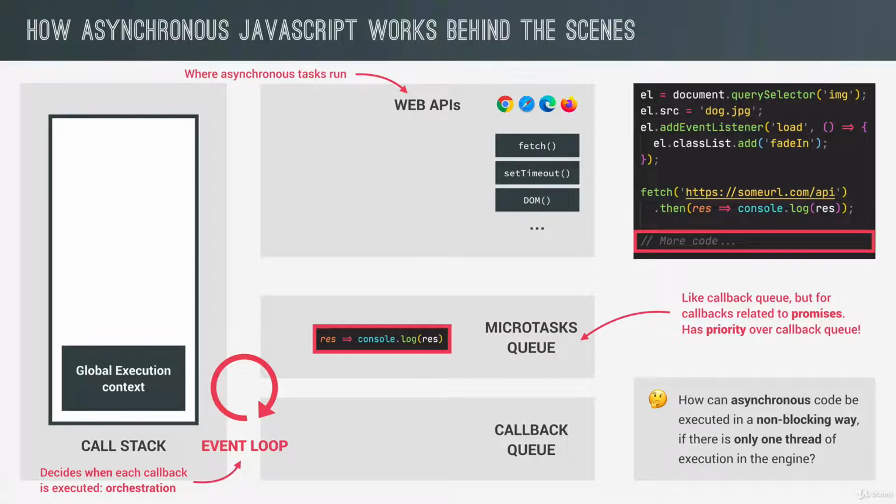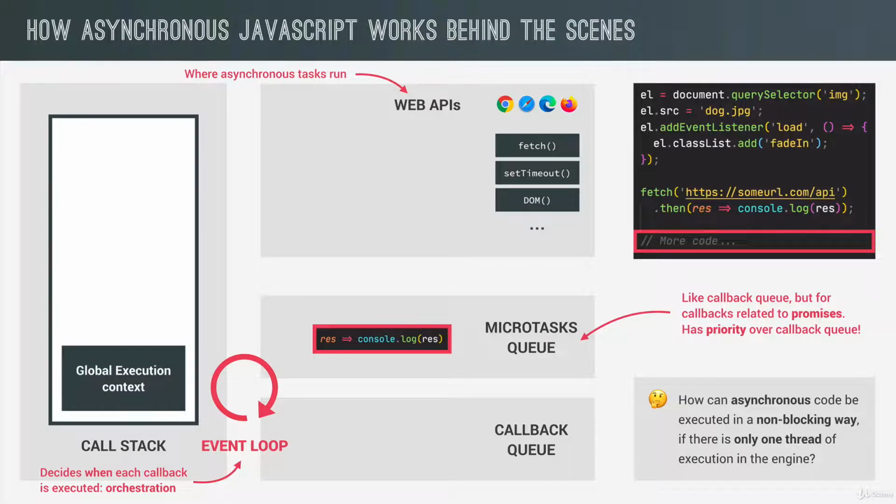And if there are, it will run all of them before it will run any more callbacks from the regular callback queue. And by the way, we call these callbacks from promises microtasks, and therefore the name microtasks queue. And there are actually other microtasks, but that's not relevant here.